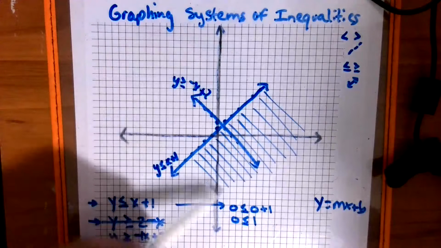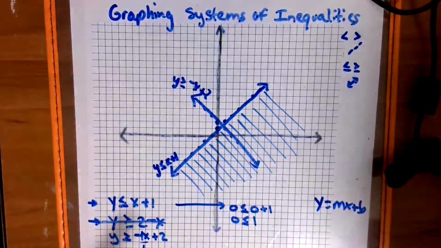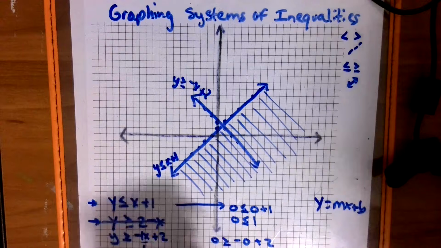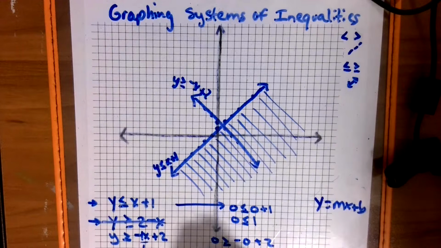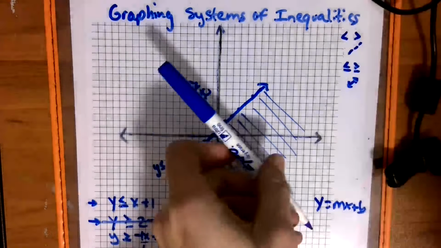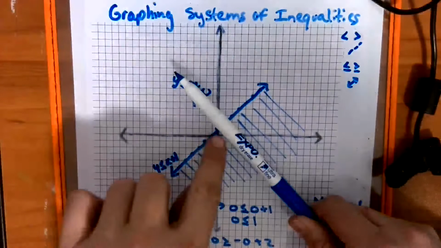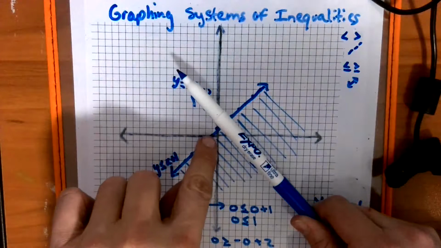Okay. Now, I'm going to take this equation, which is 0 greater than or equal to negative 0 plus 2. Is 0 greater than or equal to a 2? No, that's a false statement. So that means 0, 0 did not make that statement true.